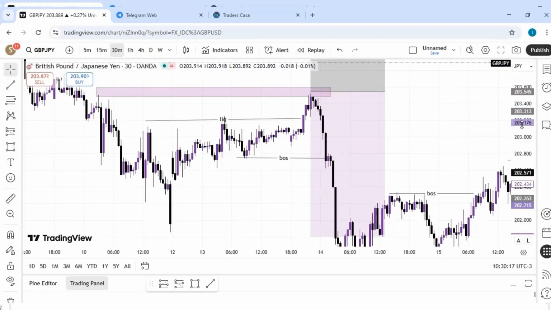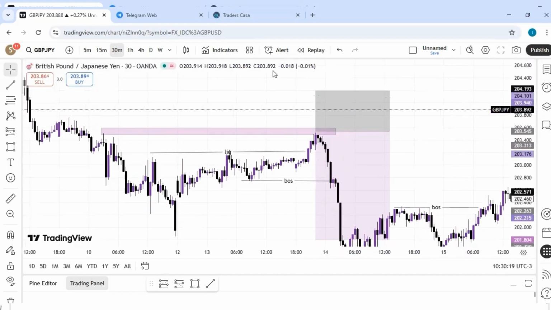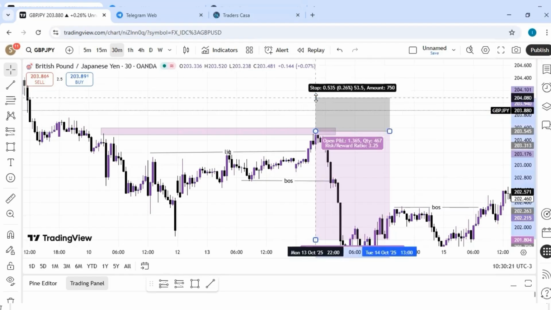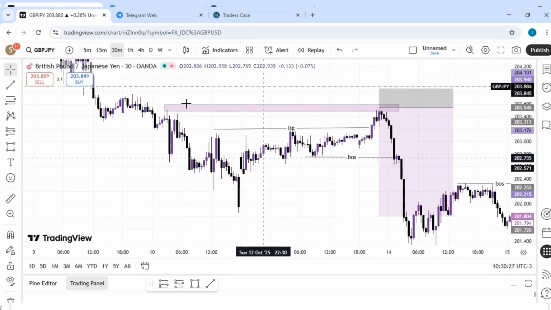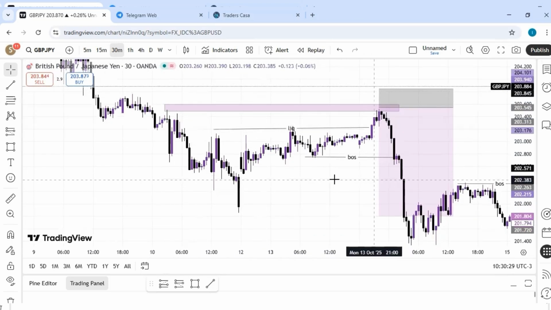So this was a very good sell. I'm risking a 20 pips stop loss. Very good sell. Spot out liquidity here.